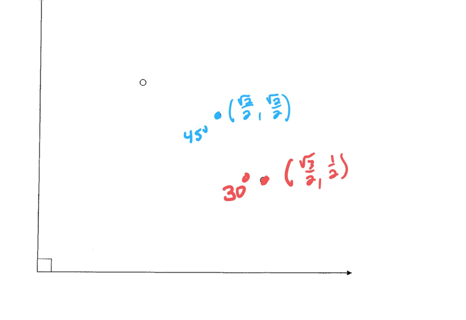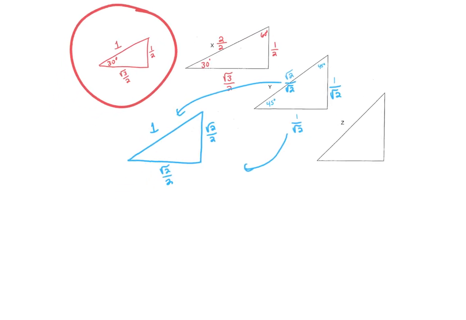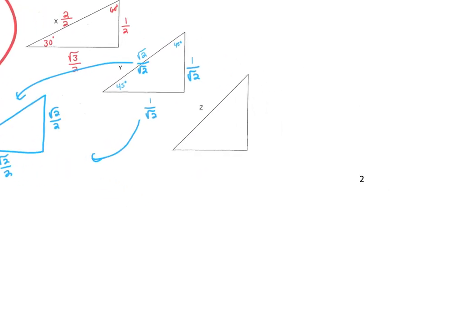Now we've got to talk 60 degrees. So let's go back to our triangle on that first page in our notes packet. Okay, so this is triangle Z on the bottom of your page.